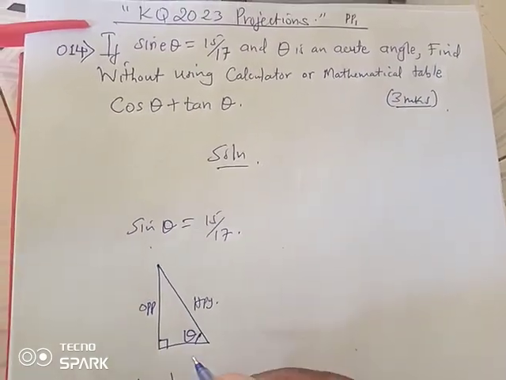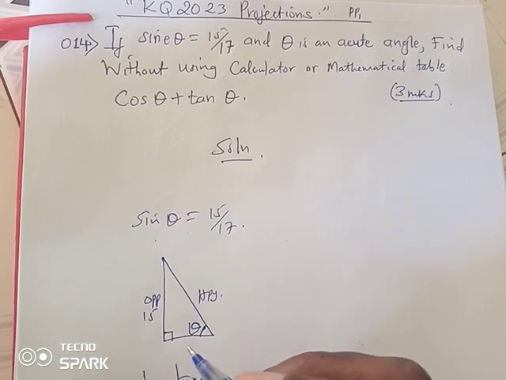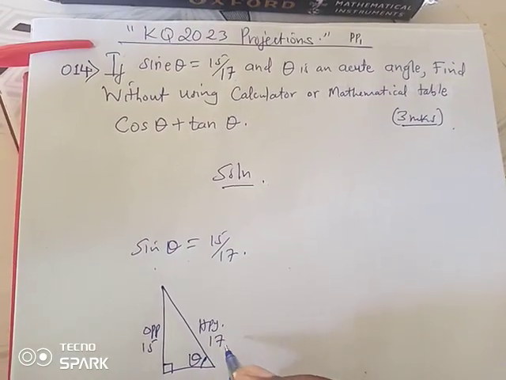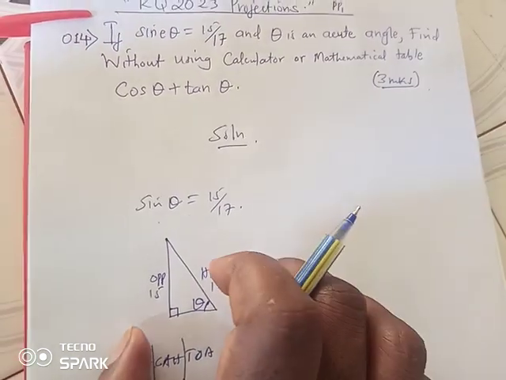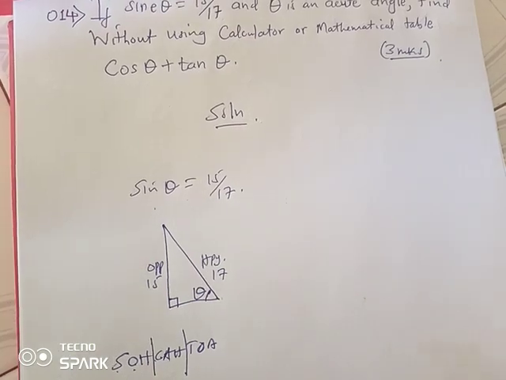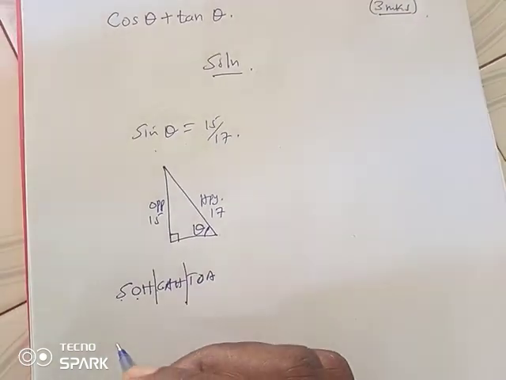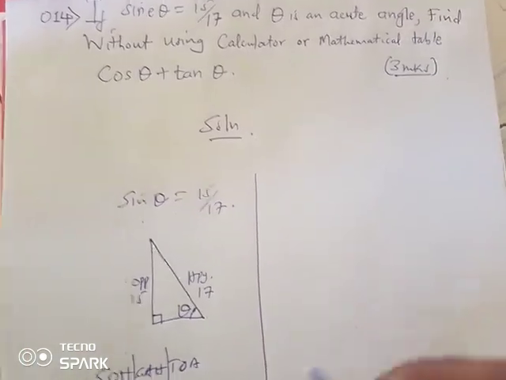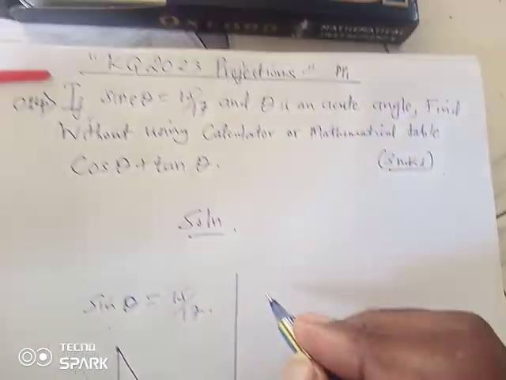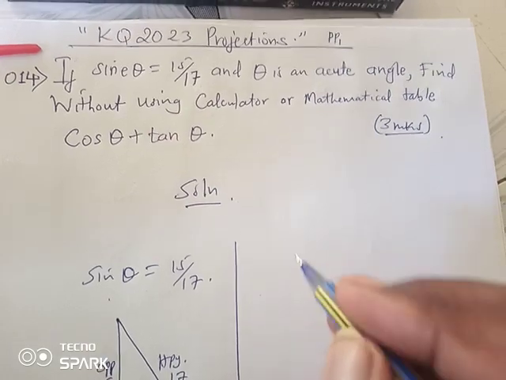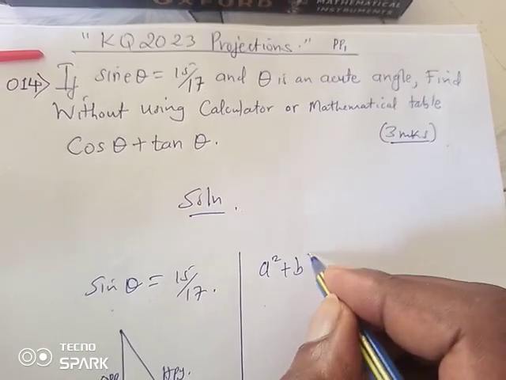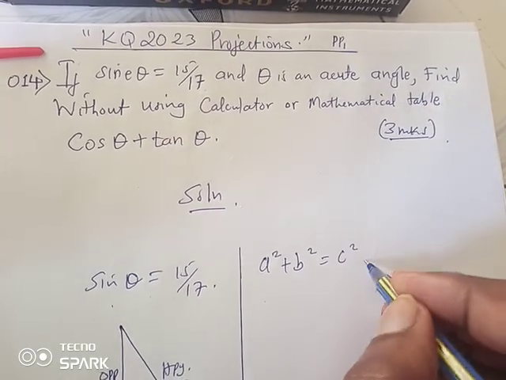So substituting, the opposite is 15 centimeters or 15 units when the hypotenuse is 17. So we have to solve our triangle, get the side that is lacking, that is the base. So we use Pythagoras theorem that says a squared plus b squared is c squared.